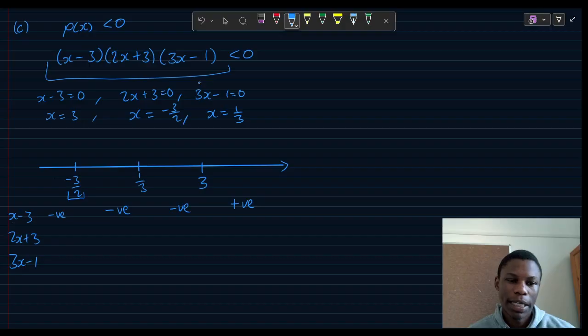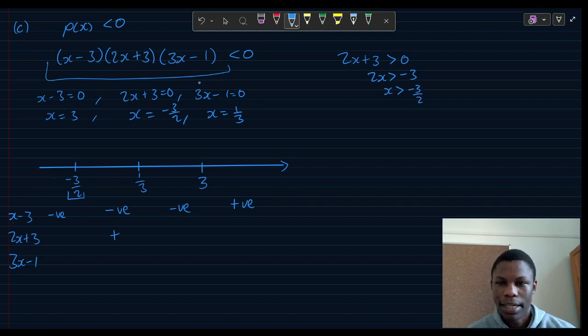So 2x plus 3, a good way to approach this is to just figure out when it is positive. 2x plus 3 is greater than 0. If you do 2x is greater than negative 3, x is greater than negative 3 over 2. So as long as x is greater than negative 3 over 2, this is always going to be positive. Otherwise, it's negative.